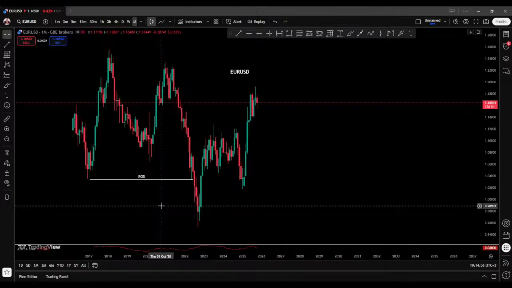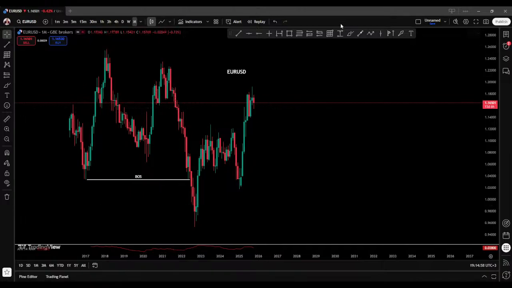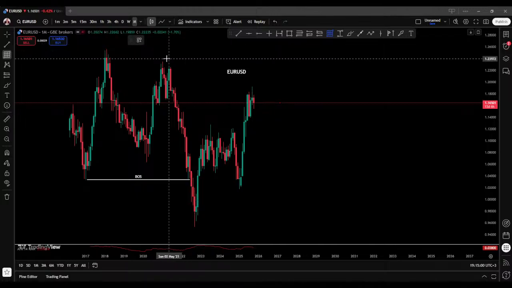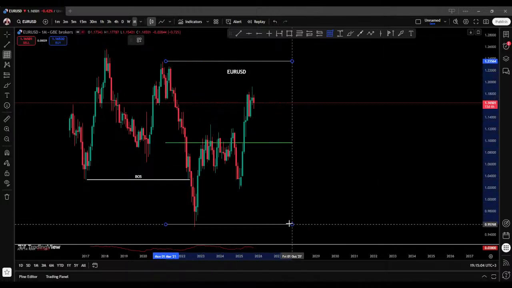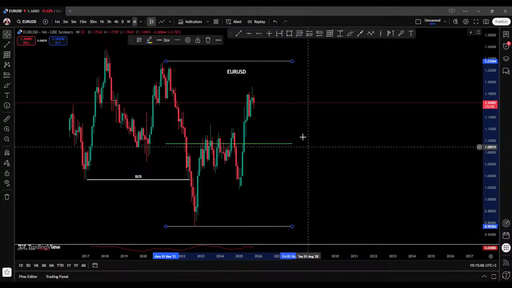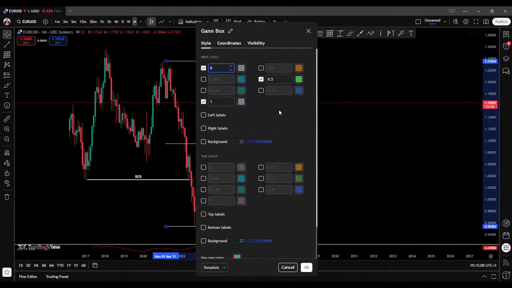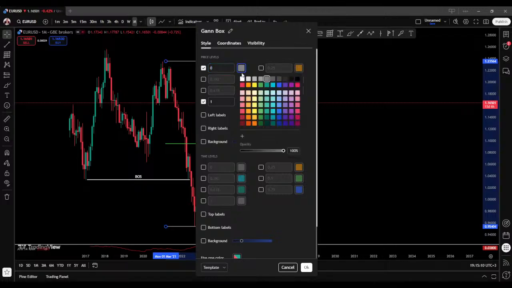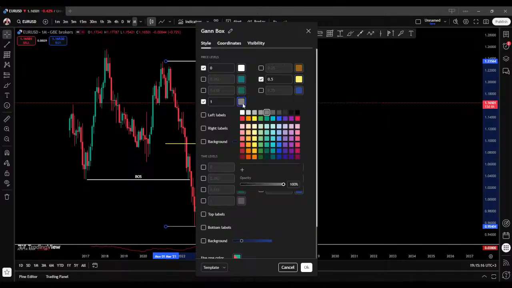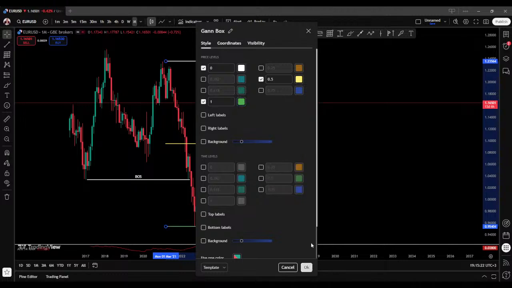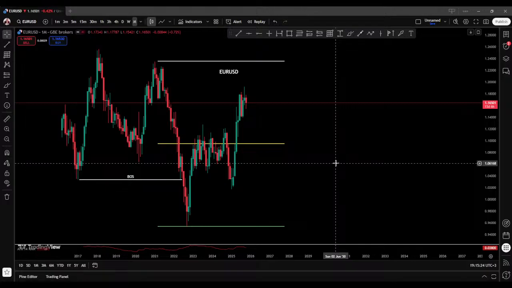So, what is our first trading range in the EU? You take a gun box, run it from top to bottom. Perfect.